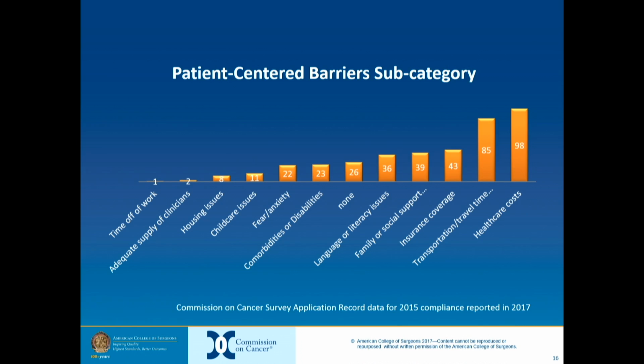Patient-centered barriers were identified for 394 out of the 459 programs. And as we see in the literature and hear from patients, cost and insurance coverage and transportation are the greatest challenges faced by patients and the areas of focus for the Commission on Cancer accredited programs.